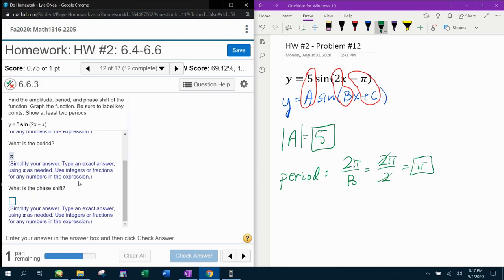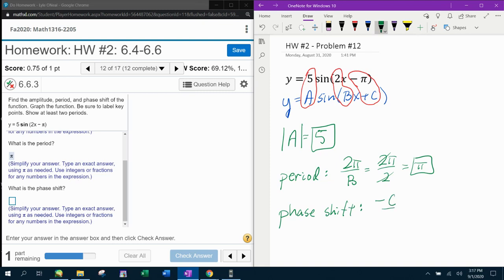And the phase shift. So in a sinusoidal function, the phase shift formula is negative c over b. Here we can see that our value of c is negative pi.